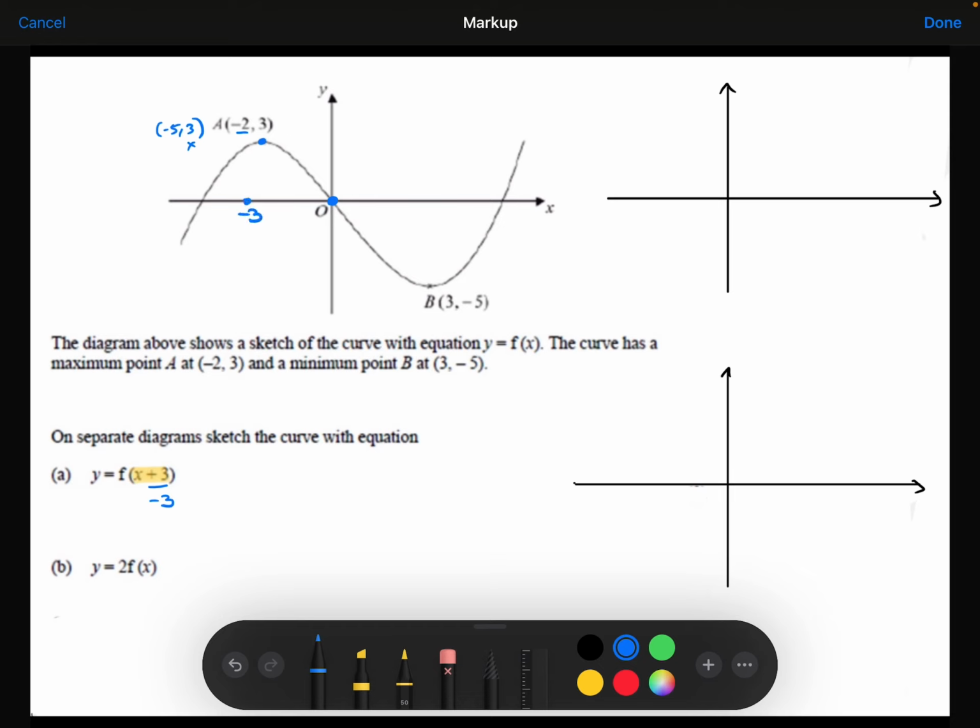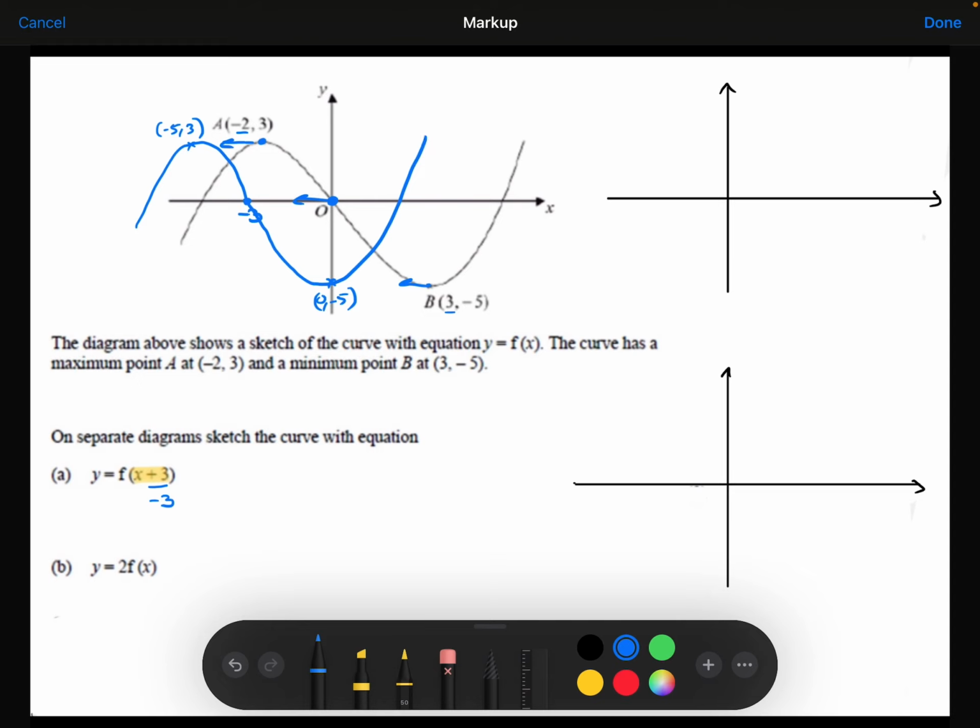And the point B, that did have an x coordinate of 3, will now be on the origin with an x coordinate of 0. So the whole graph is moving 3 squares in the negative x direction. So it's going to look something like this.